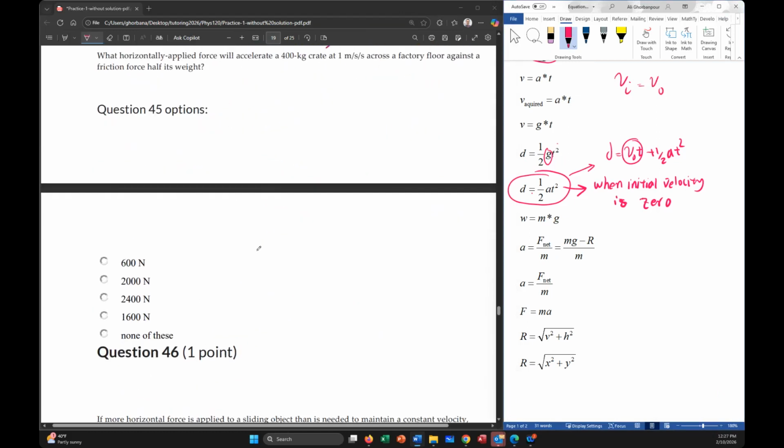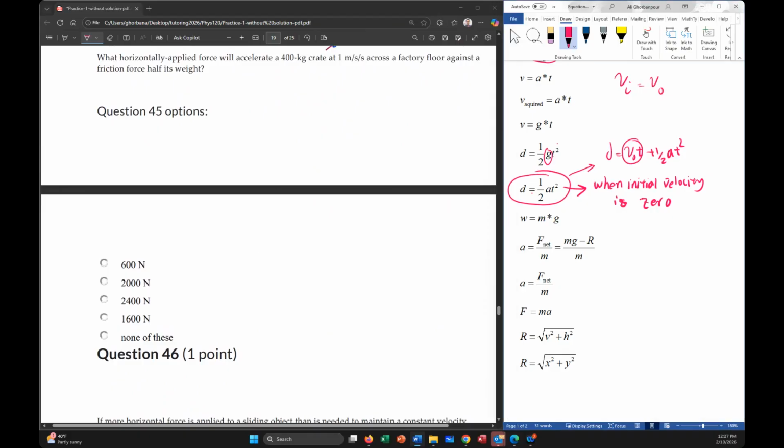Question number 45. What horizontally applied force will accelerate... What is it asking? The force. How much? 400 kilogram.